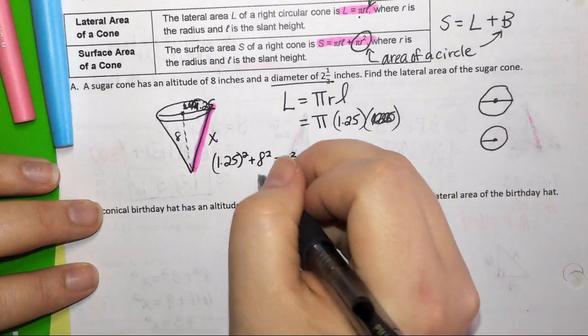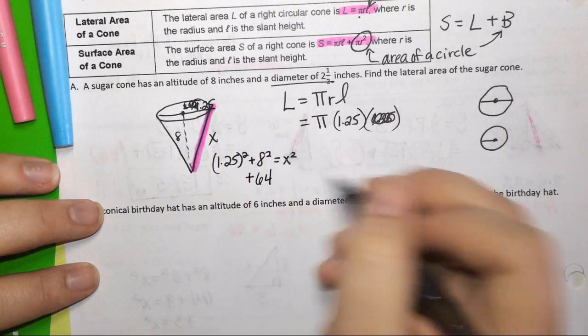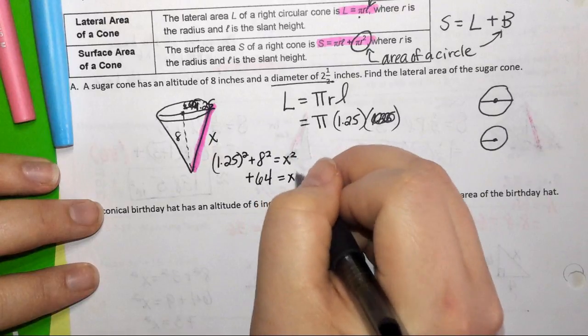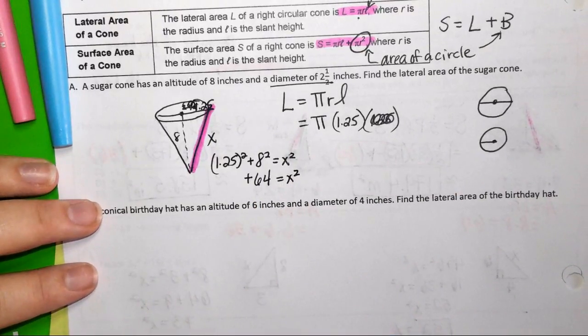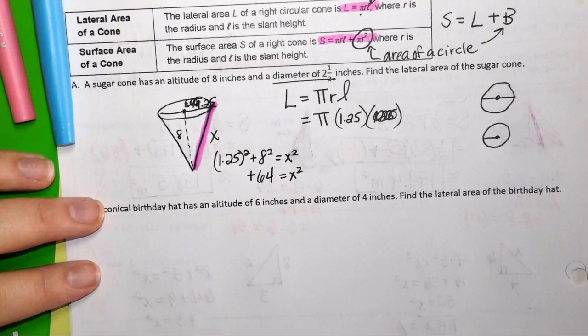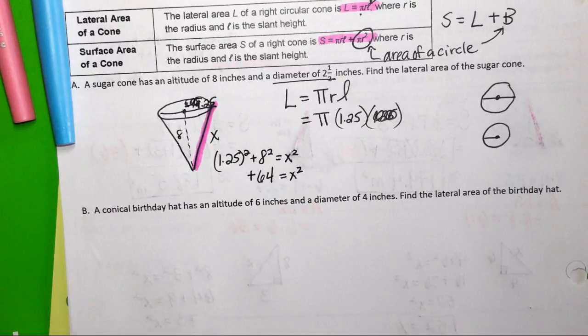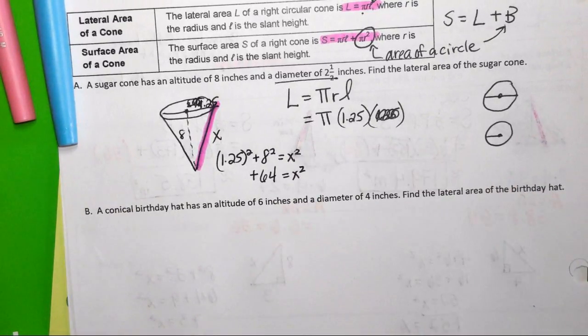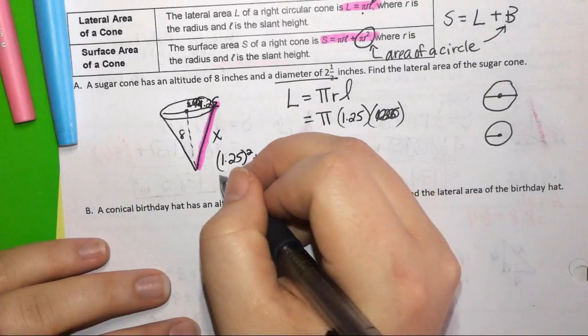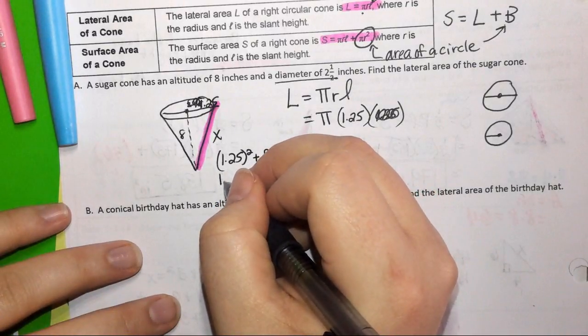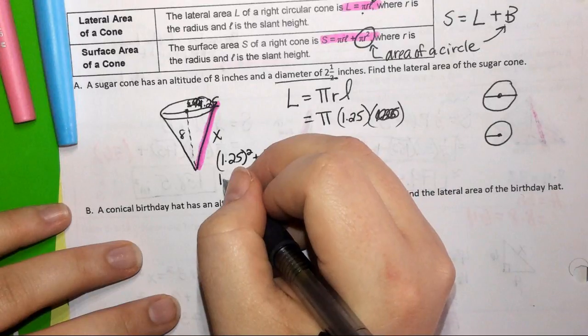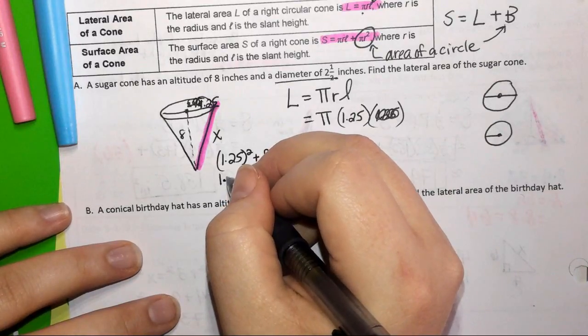I know this is 64. I don't know what 1.25 squared is. I do not know. Someone has a calculator and would like math class to end sometime today. 1.56?